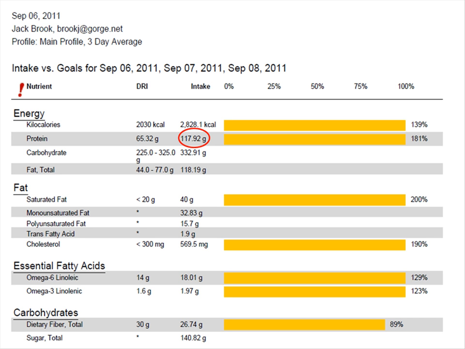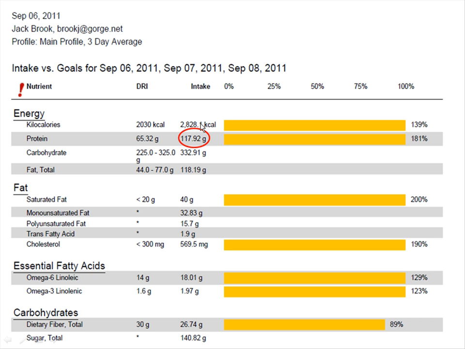Again, the idea would be, just say you're going to do plant, so add up the plant protein for day 1, plant protein for day 2, plant protein for day 3, add those together, divide by 3 to get an average plant intake. If your plant intake is average 50 grams, just go to this 3-day average page, take 118 minus 50, and that will give you how many grams are animal.